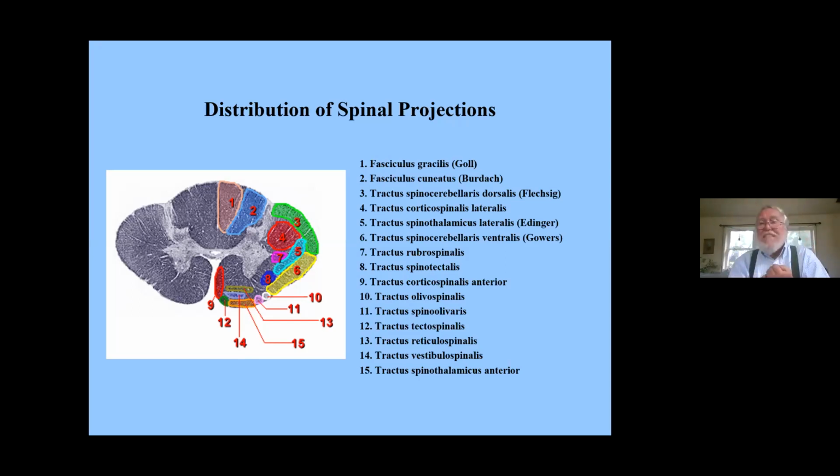Let's do a thought experiment. Let us say there are two adjacent columns of Clark nuclei that get identical input. One of them sends axons through the posterior spinocerebellar tract.